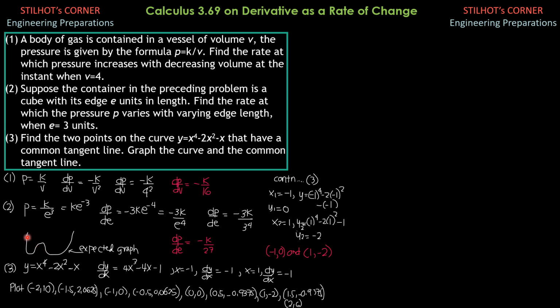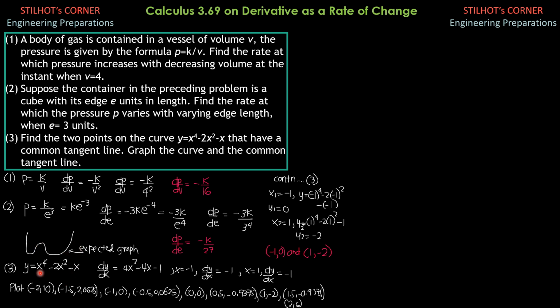If we find a point here, the tangent will have no same tangent or parallel tangent anywhere else in the curve, except for these two lowest points. But it is not exactly the same as this. It will just look like this.